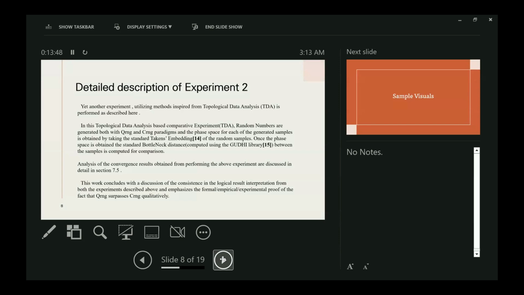Yet another experiment utilizing methods inspired from topological data analysis is performed. In this topological data analysis based comparative experiment, random numbers are generated both with QRNG and CRNG paradigms, and as I mentioned, the phase space for the generated samples is obtained by taking the standard Takens embedding of the random samples.